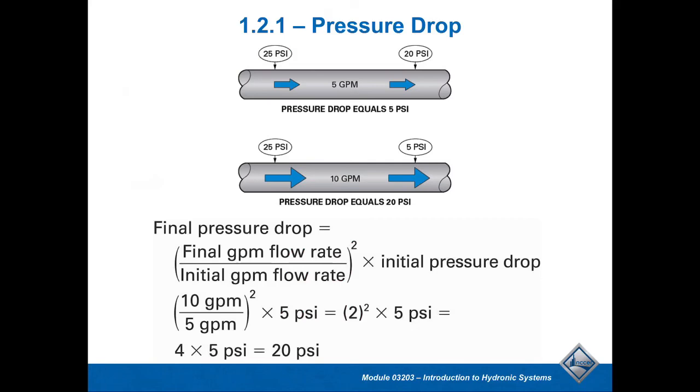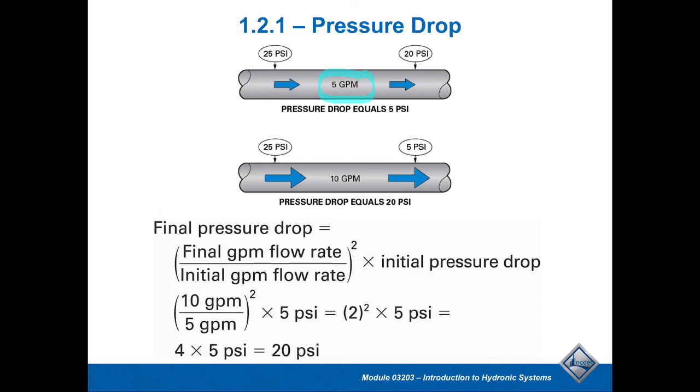All right, so in your textbook, they also talk a little bit about pressure drop and how that is important in a hydronic system, and it absolutely is. The pressure drop in a hydronic system is something that we measure to give us some understanding of what our flow rate might be.